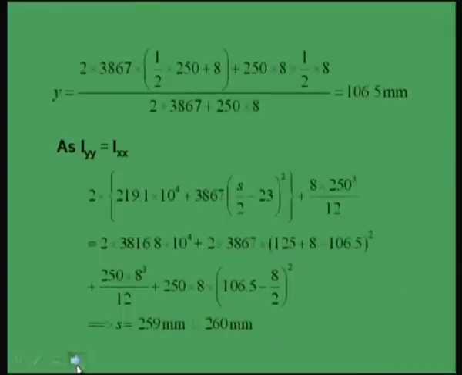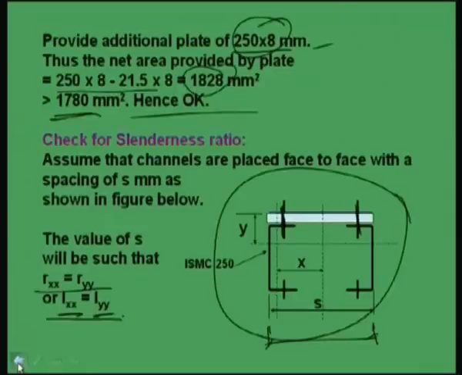So, for finding Ixx and Iyy, first we have to find out y. y means the CG distance from top. Okay, if this is y, then let us find out the y value, and the x value will be simply half of s. Okay, so the x value we can find out, it is at the center of these two.